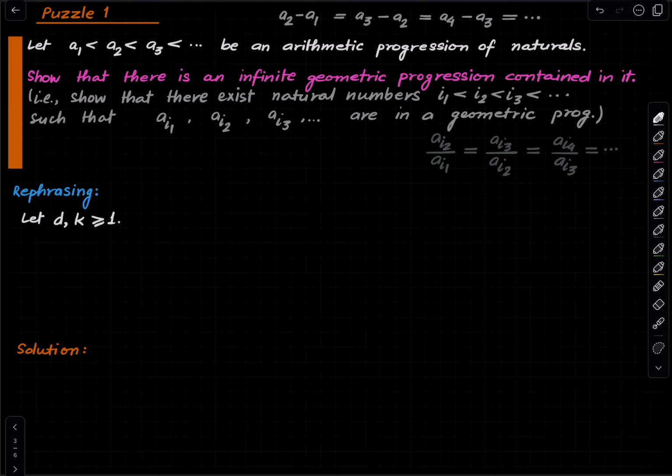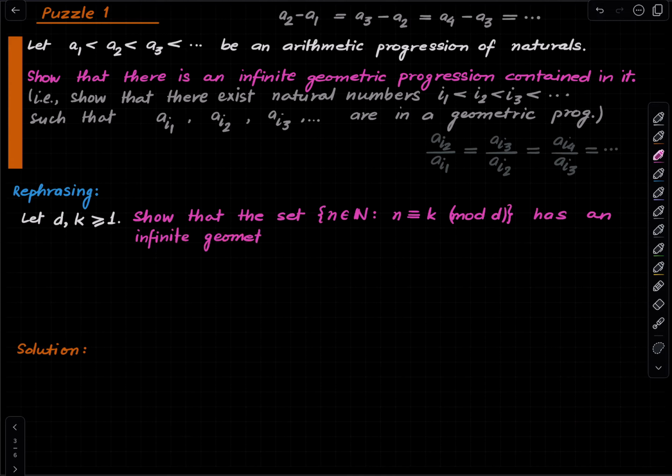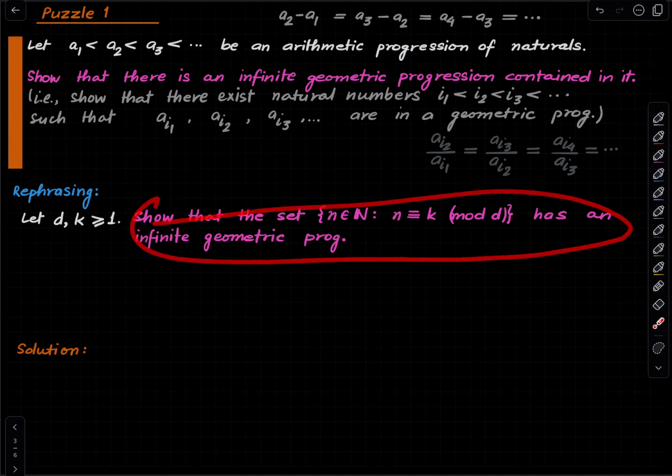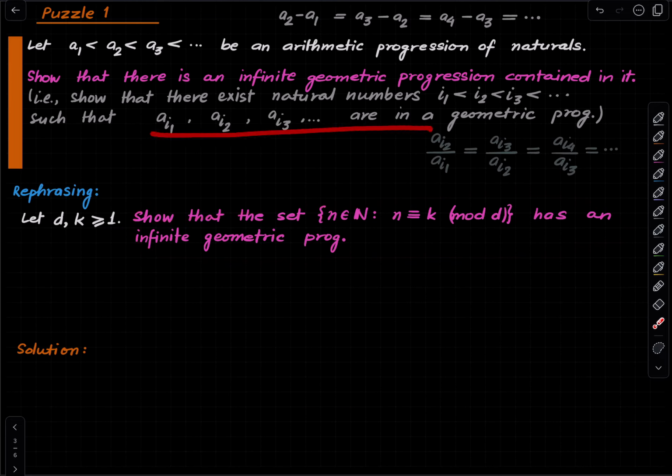The problem is merely asking to show that the set of those natural numbers which are congruent to k mod d contains an infinite geometric progression. So this statement is asking to show that there is an infinite geometric progression such that each of its members lies in this set.